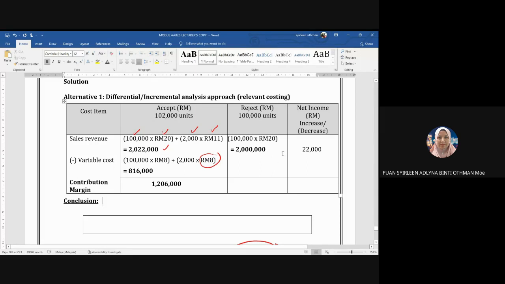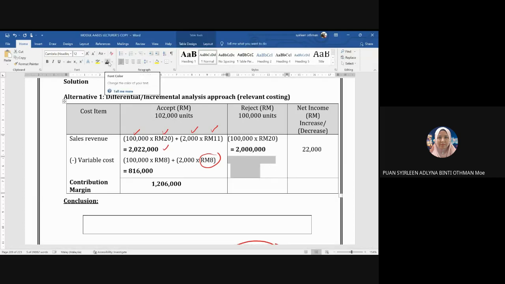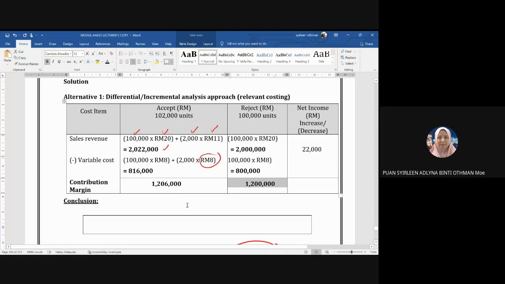Okay, alright. Kita tengok pada reject column pula. Kalau reject column, that means your variable cost yang you tanggung hanya setakat 100,000 yang you produce tadi. So costing dia ialah 800,000. So how much is your contribution margin? Your contribution margin will be 1,200,000. Okay, so difference antara accept variable cost and reject variable cost is 16,000.